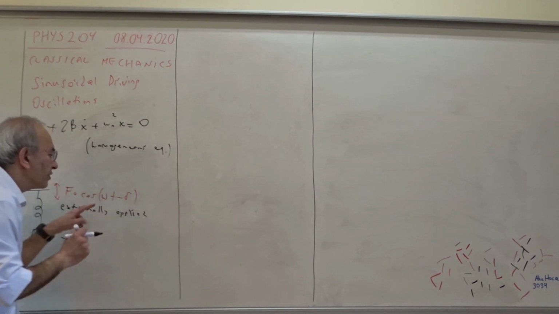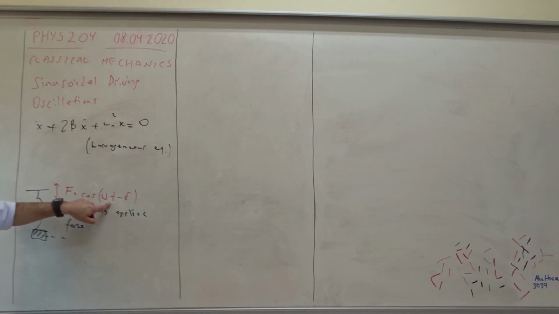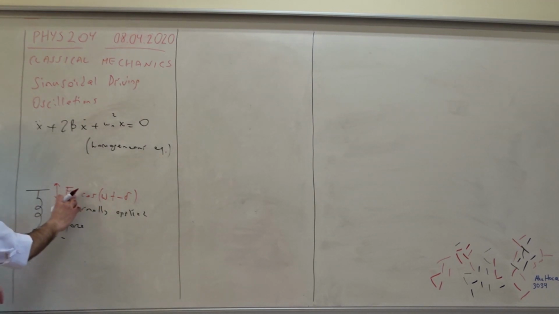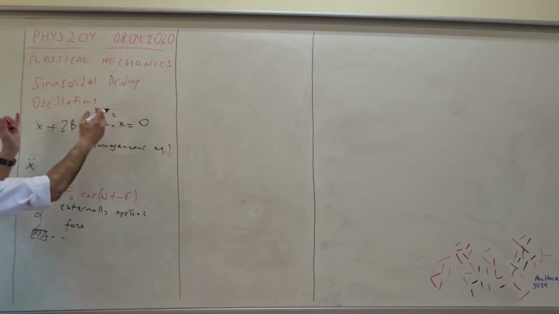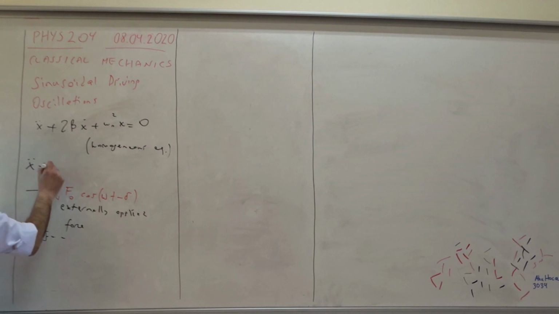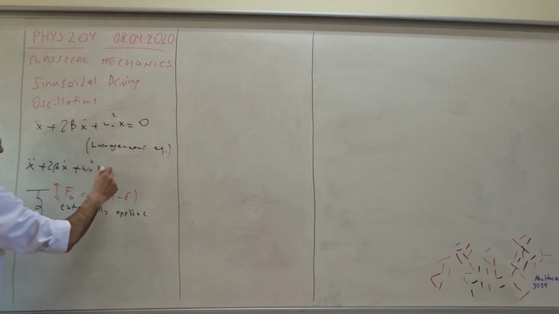Let me indicate also that this is omega, not omega 0, of course. And we will see what happens if this is omega 0, for example. With an unknown or known amplitude F0, because we talk about the force. So the right hand side now, x double dot, I write the same left hand side, 2 beta x dot plus omega 0 squared x.